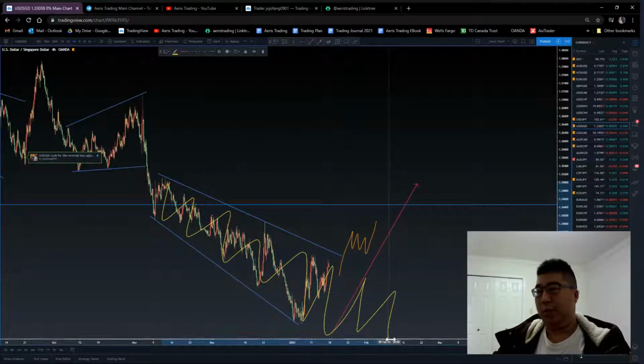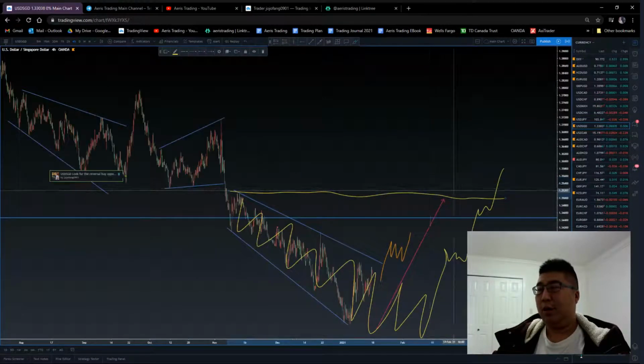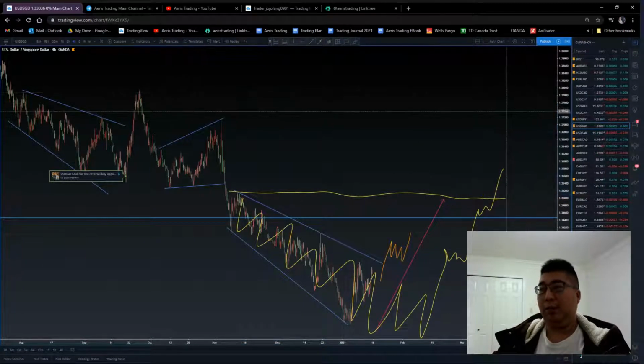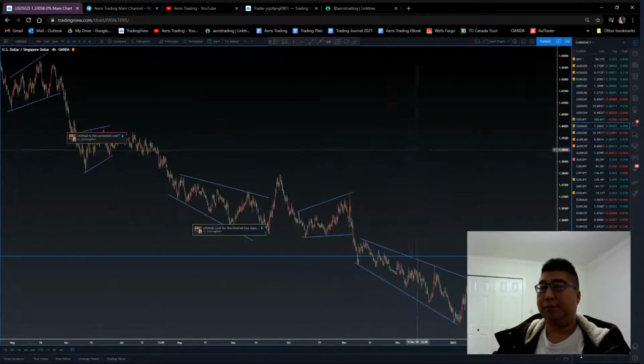This is what I expect the price to do eventually when this correction finishes. Then we're going to see that strong bullish push to the outside and continue at least to the next top, at least to the top of this correction here. This is how I'm looking at it as a first potential. If we can break above it, continue, and certainly I'm looking for more dollar strength in the upcoming months or so.